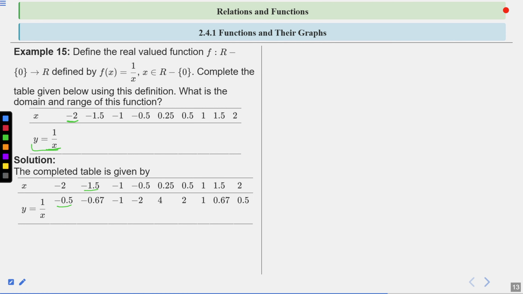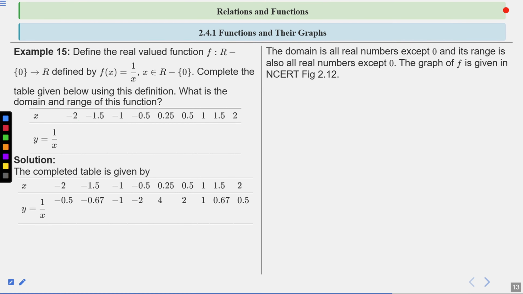If the input is -1.5, then the output will be 1 by -1.5, which is -0.67. If the input is -1, then the output will be 1 by -1, which is -1. And the same goes for the other values. So for -0.5, the output will be -2. For 0.25, the output will be 4, and so on. Quite clear how we are getting our outputs.